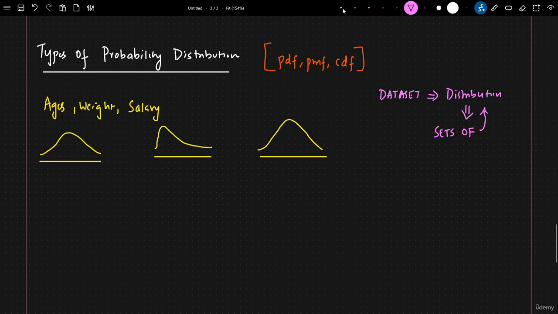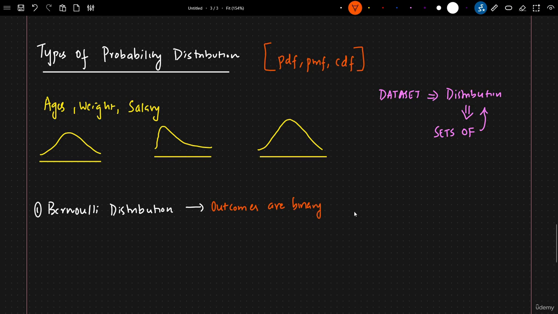So the types of probability distribution of data that we are going to see, number one, is something called Bernoulli distribution. Here we'll be working with data where the outcomes are completely binary.